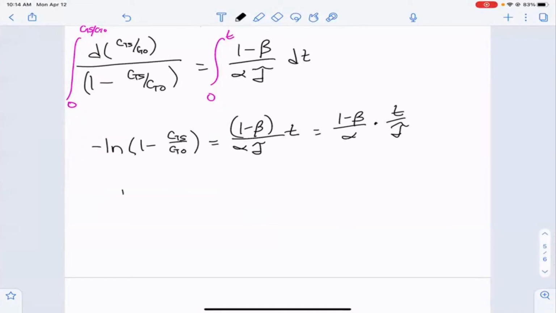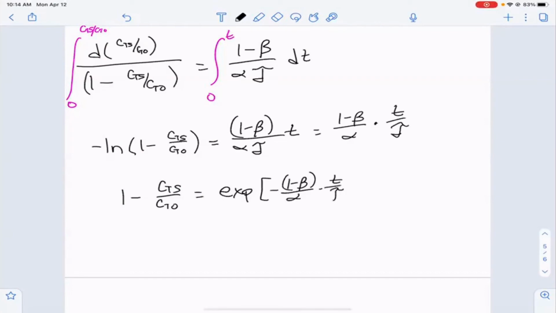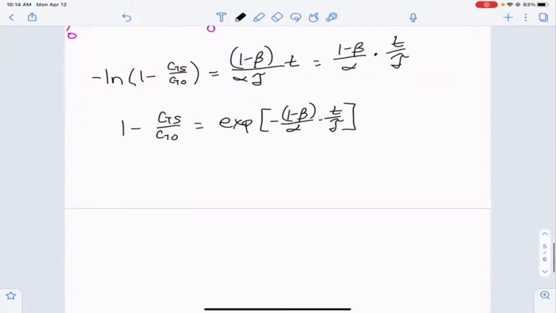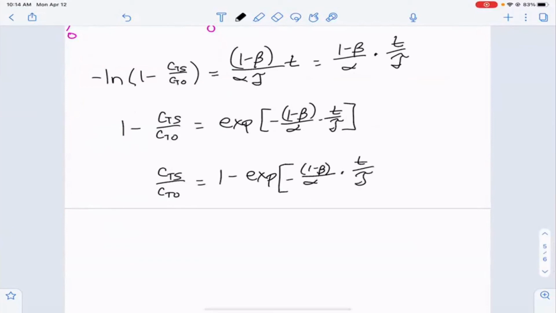Then 1 minus C_TS over C_T0 equals the exponent of minus (1 − β)/α times t over τ. And then we get an expression that C_TS over C_T0 equals 1 minus the exponent of minus (1 − β)/α times t over τ.